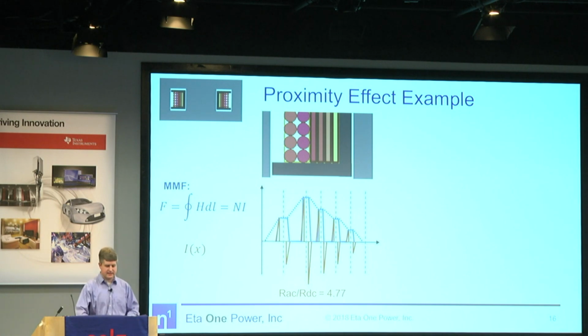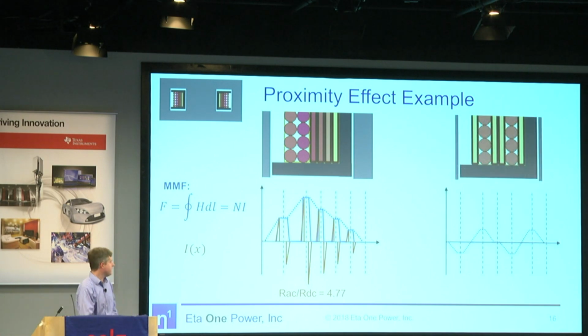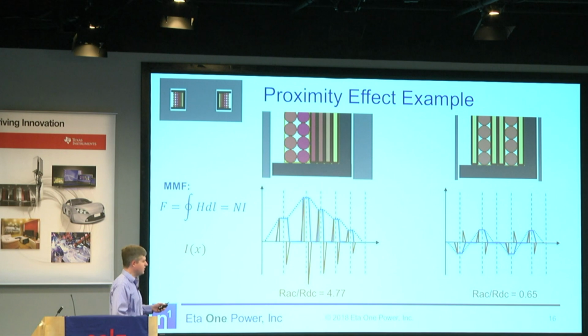You can actually fix this. So we can go over here, and now we just interleave the windings. So we have a secondary, primary, secondary, secondary, primary, secondary. You can see that our field here is much lower. Again, we have a stair step because of our AC contributions, but it's much smaller, and our currents here are way smaller.